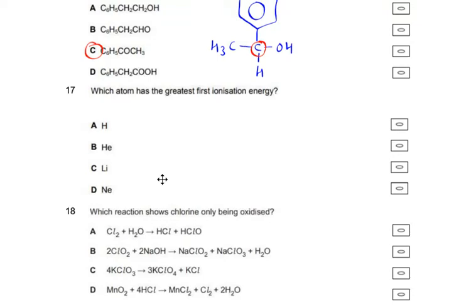So the noble gases have the highest ionization energy in each period, and then the ionization energy decreases down the group because the outer electron is further from the nucleus and more shielded. So the correct answer is helium, B.